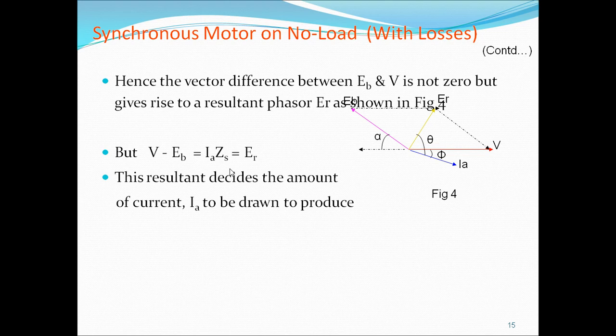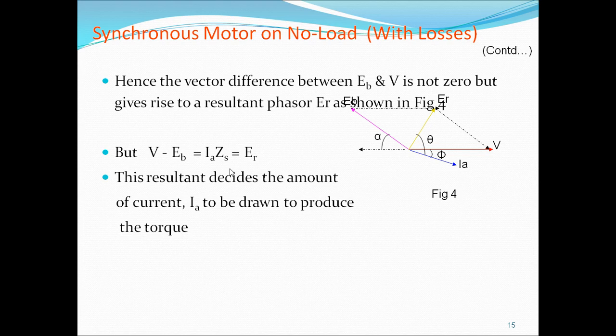So the resultant decides the amount of armature current, which produces the torque, and this torque supplies the load and the losses.